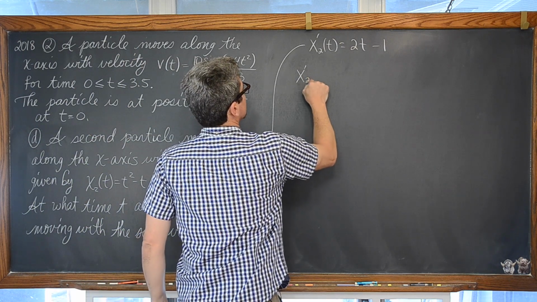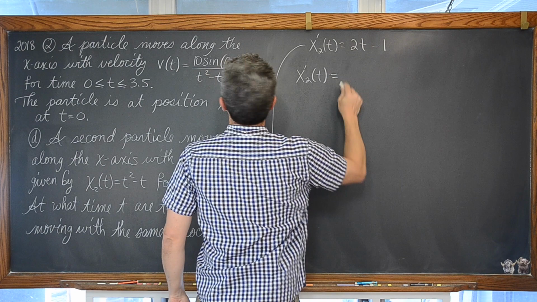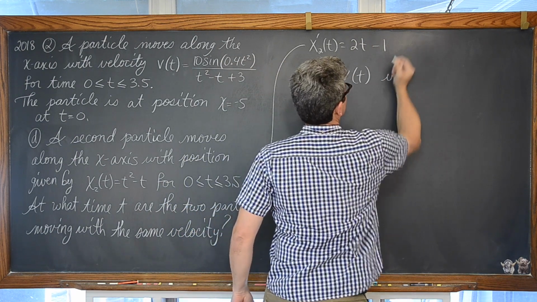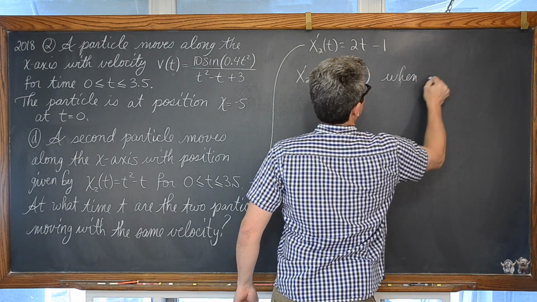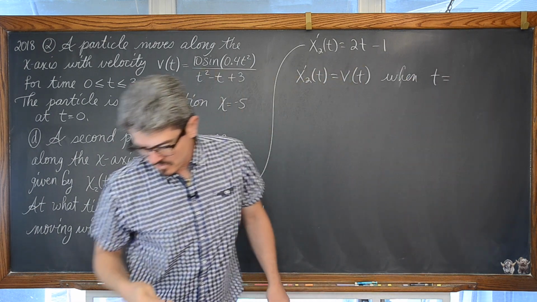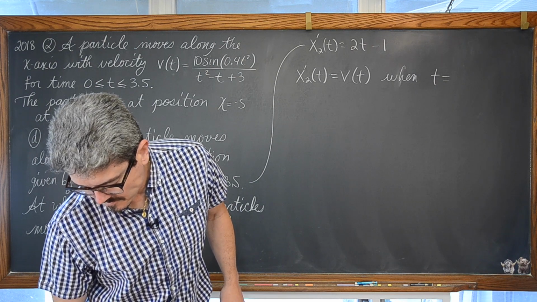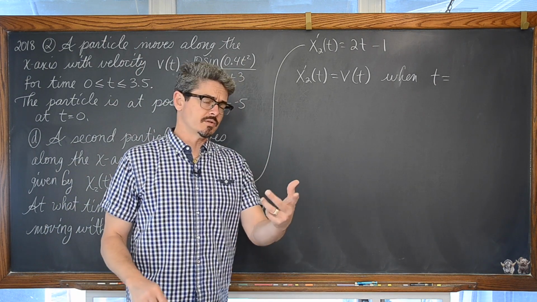So x prime sub 2 of t is equal to v of t when t is equal to, going to 3 decimal places, and actually they don't really want you to round until you get your final answer.